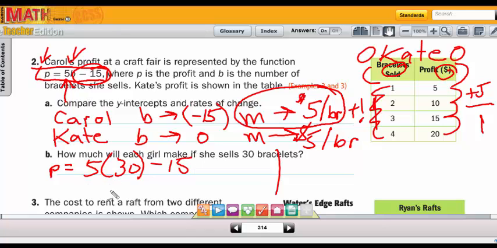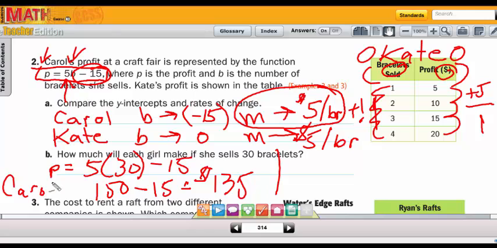So 5 times 30 is 150 minus 15. 150 minus 10 would be 140, minus 5 more would be 135. So she's going to make $135, and again this side is Carol. Is our answer here, $135.